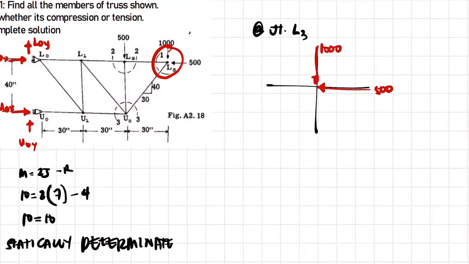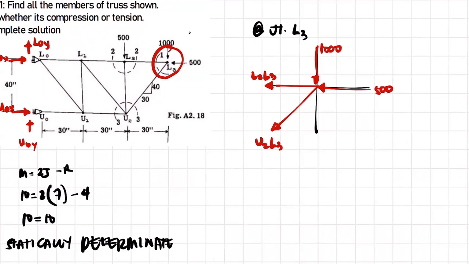We have L2, L3, and let's assume tension. This one is L2, L3. And then we have the member L3 to U2; assume tension as well, U sub 2 and then L3.